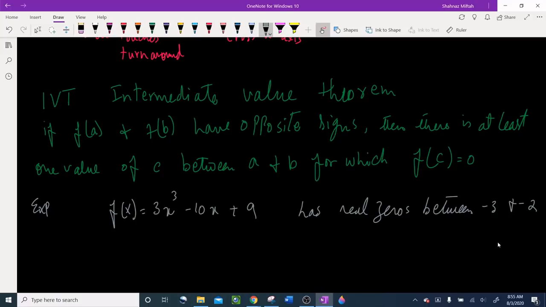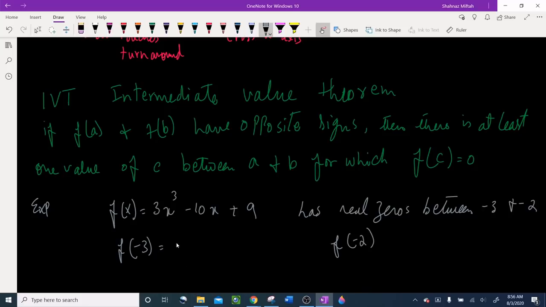So this is what they're asking me. When this is the case, then it's intermediate value theorem. So what we have to figure out is the y value: what is f of -3, and what is f of -2? Once we figure it out, if one is positive and one is negative, like they have opposite signs, then there is at least one c between a and b.